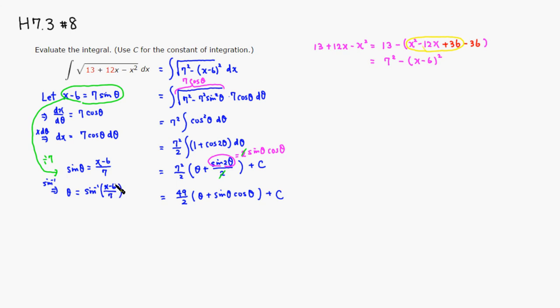Then for cosine, we can use the triangle. So draw a general right triangle like that, and put theta here.